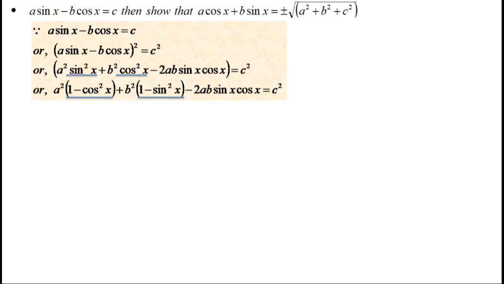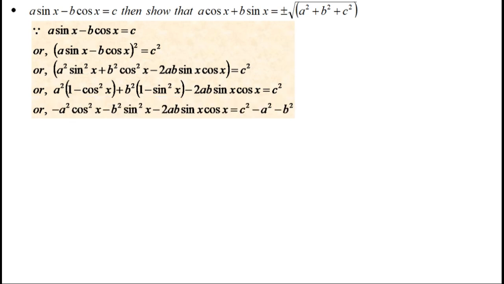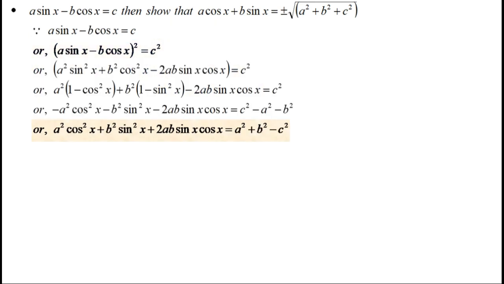Now this equals minus a square cos square x minus b square sin square x minus 2ab sin x cos x equals c square minus a square minus b square. Now take minus common and cancel, then we get a square cos square x plus b square sin square x plus 2ab sin x cos x equals a square plus b square minus c square.